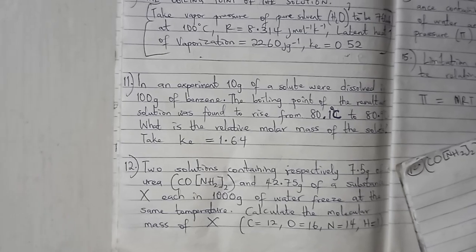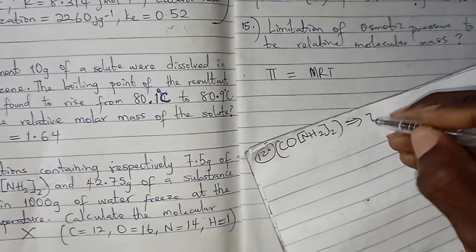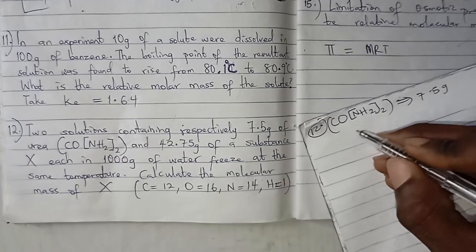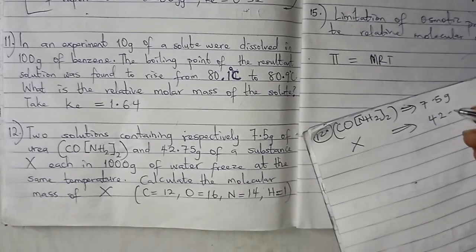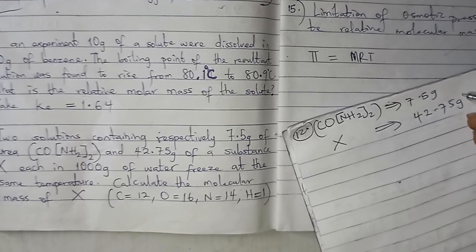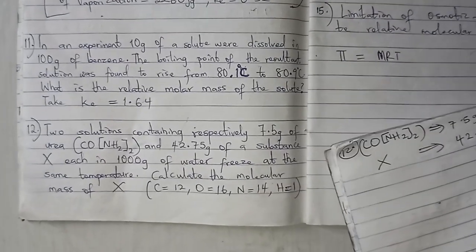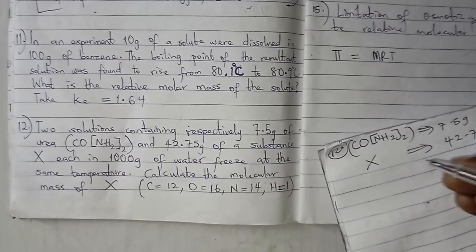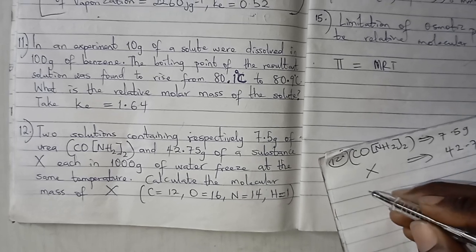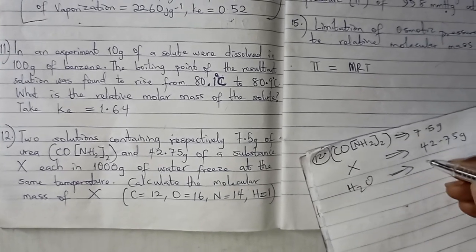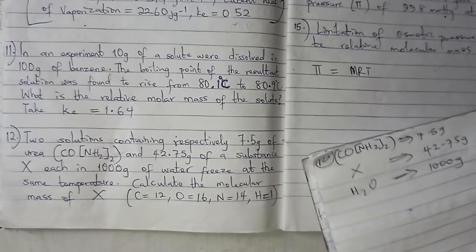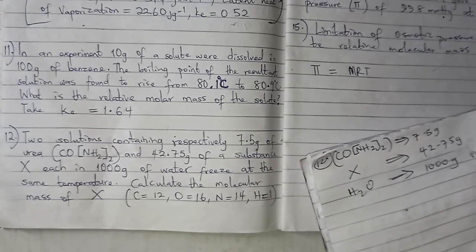This one is containing 7.5 gram, while solution X is containing 42.75 gram of a substance, each in 1000 gram of solvent. That is, H2O is 1000 gram, and this is W1.